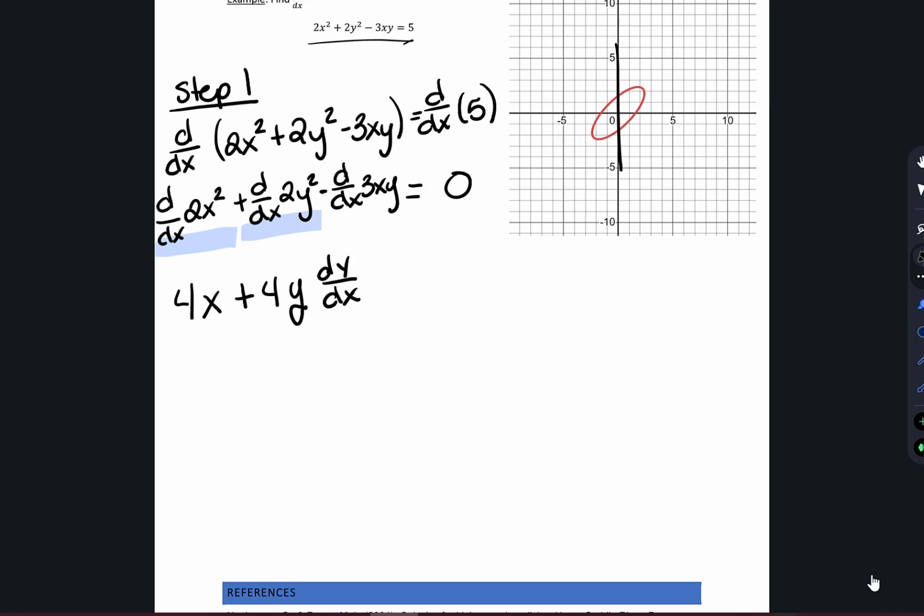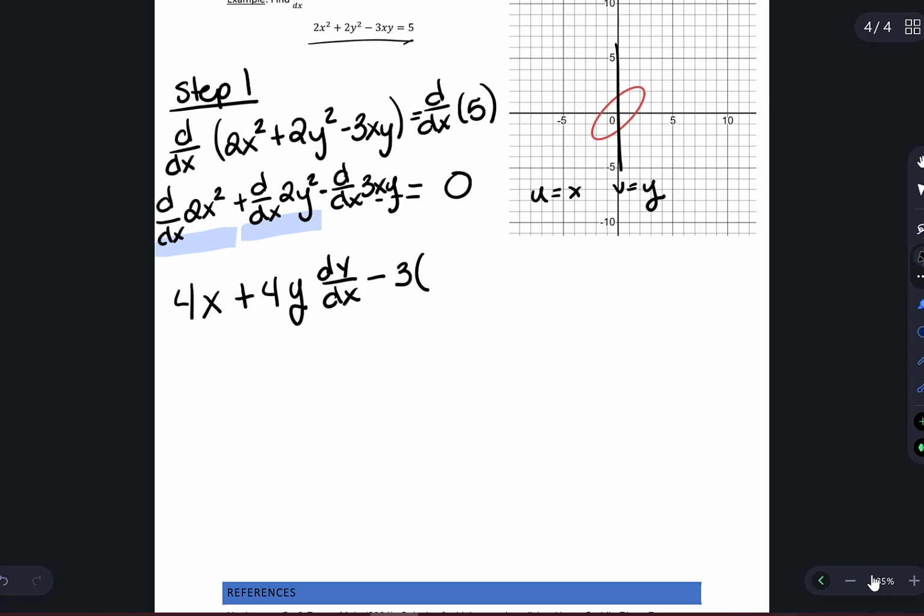And then for our third term here, notice that we have the derivative of x times y, both of which are functions of x. So for this one, we're going to have to apply our product rule. So here we're going to have 3 times, and then my two different functions of x are x itself and y. So you could think of this as u being equal to x, v being equal to y.